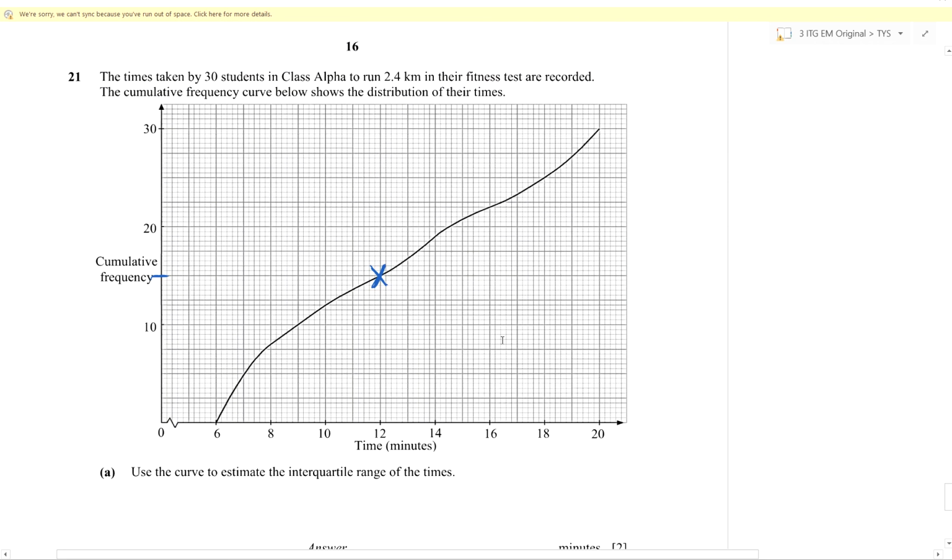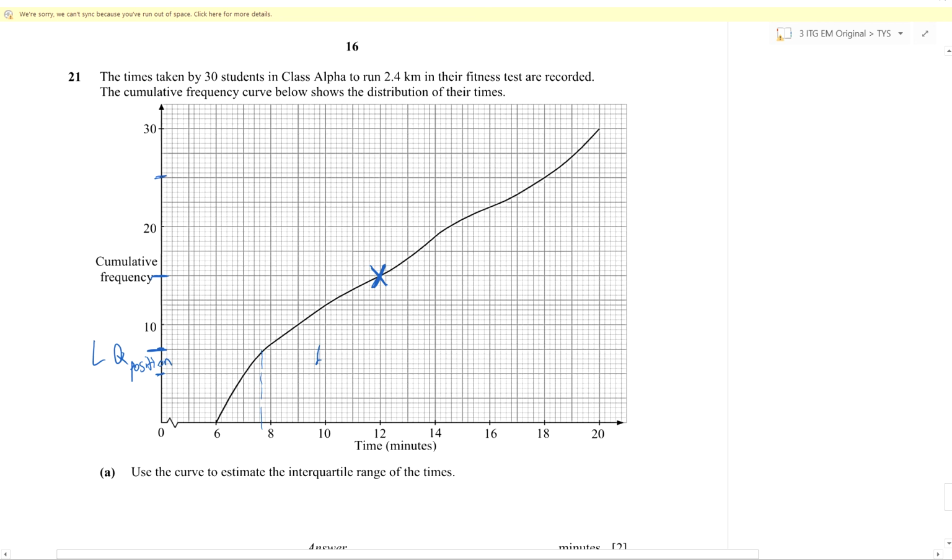So for the interquartile range, we need to identify how we generate it. That is from the lower quartile and the upper quartile. Basically upper quartile minus lower quartile, you get the interquartile range. So out of 30, the lower quartile position, 0.25 times 30, we get 7.5. This is my lower quartile position.